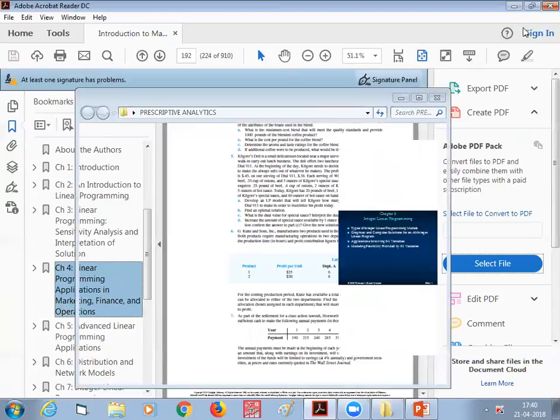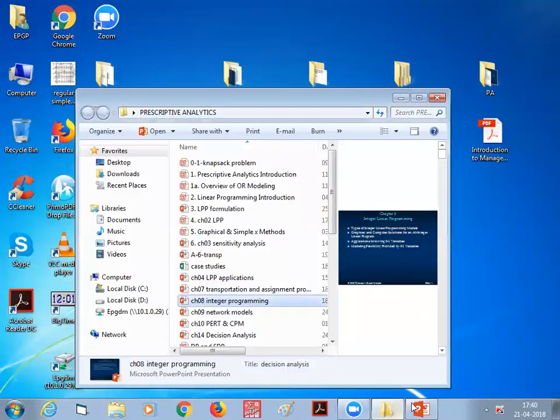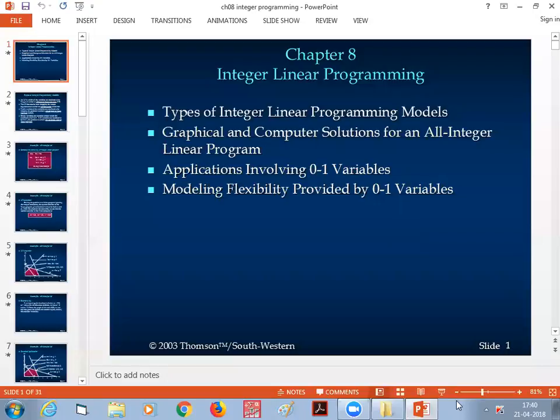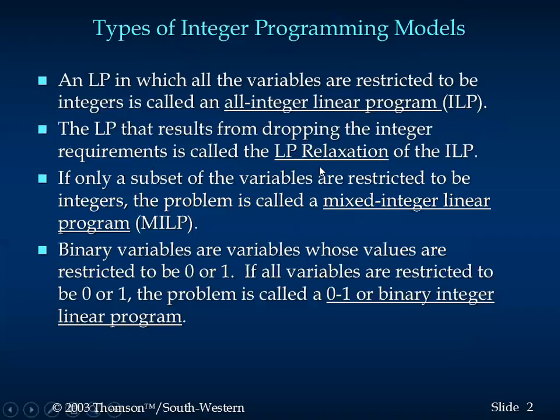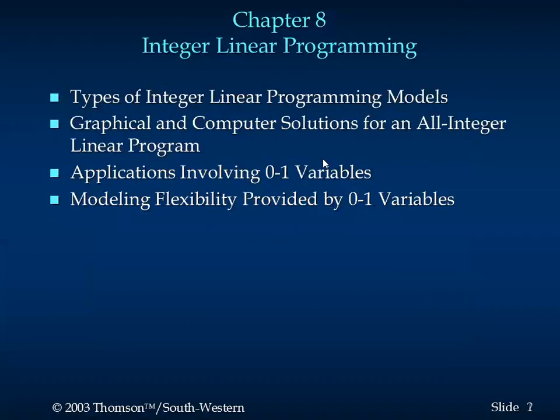Okay, so now let us get on to our new topic for today, which is called integer programming. Integer linear programming. Now, linear programming, as we saw, has many wide applications, but sometimes we need to put in some extra restrictions, in the sense that the variables have to be integer valued.